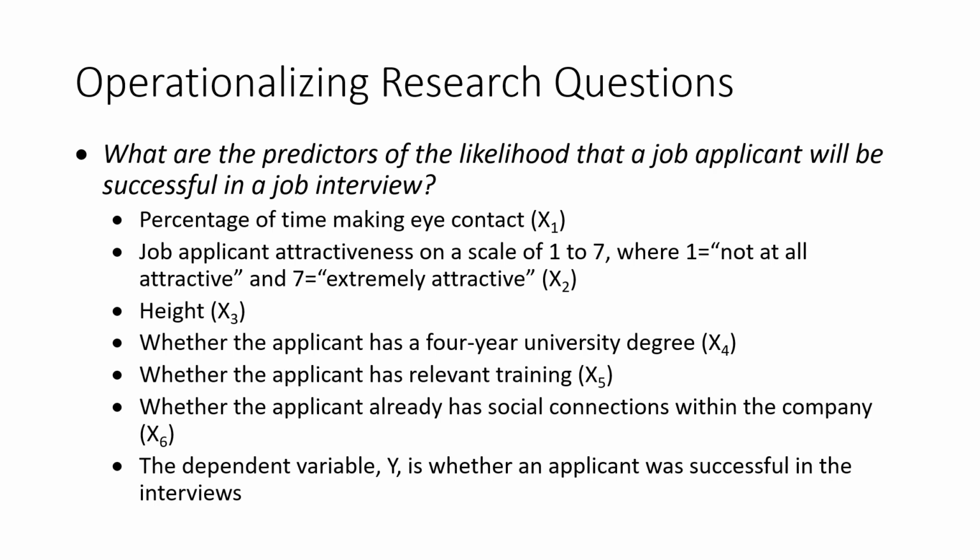So this is another dummy variable, either yes, I do have connections already in the company, or no, I don't. And you can probably assume that if you do have connections, you're more likely to succeed in the job interview. So again, in this case, the dependent variable y is whether the applicant was successful in the interview.